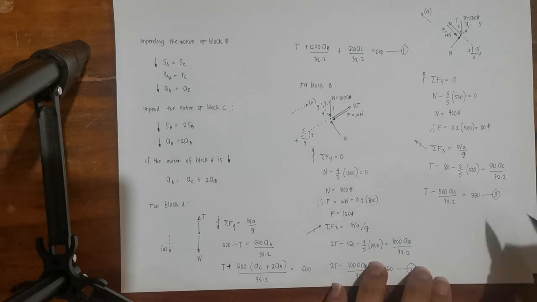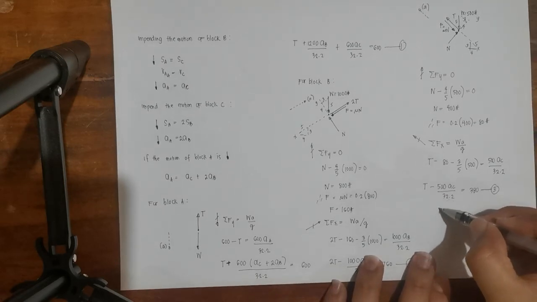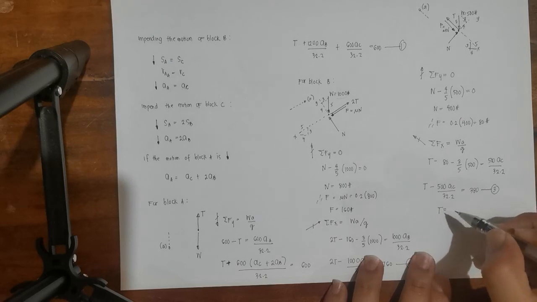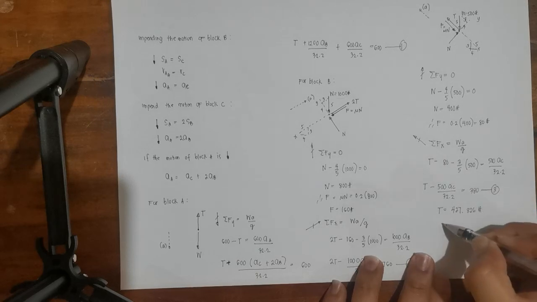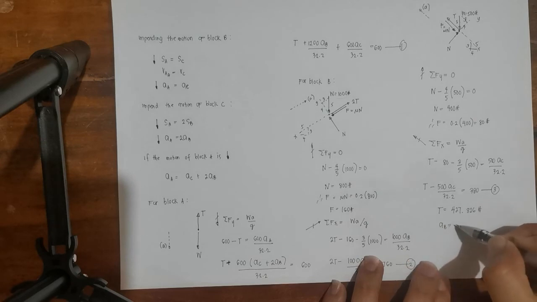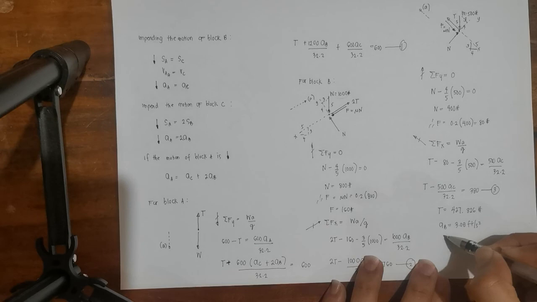And then equals nyo ulit, you will arrive with a tension force which is equivalent to 427.826 pounds. And acceleration of B is 3.08 feet per second square. And acceleration of C is 3.08 feet per second square.